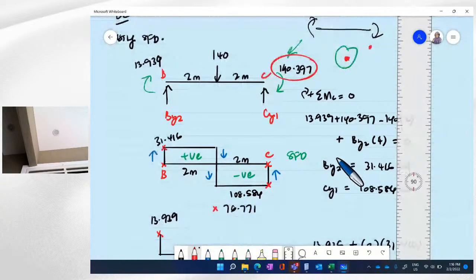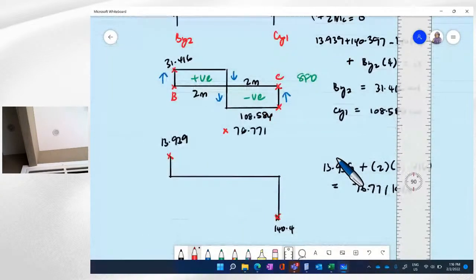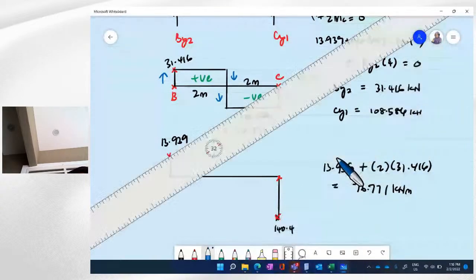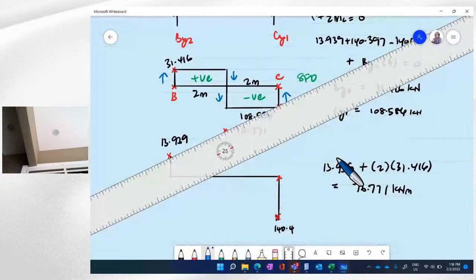It is negative plus positive. So this is the last point. So the diagram is like this. Okay, we just need to join this and join this.